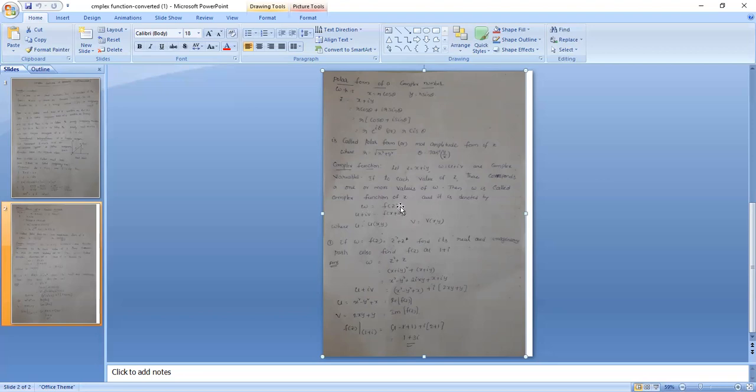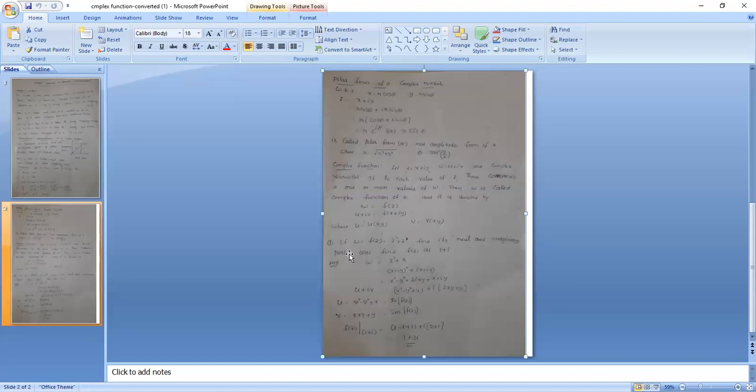That means complex function is divided into two: one is single valued function, the other one is the multiple valued function. w is u plus iv, z is x plus iy. So f of x plus iy. If you equate these two values, then u is the real part, v is the imaginary part. So u is a function of x and y, v is a function of x and y.